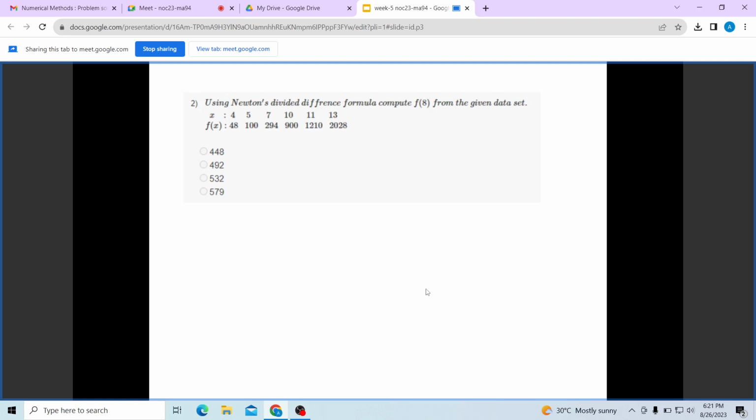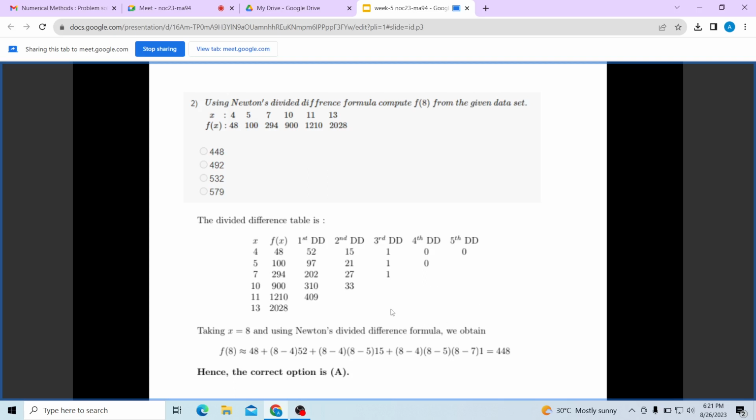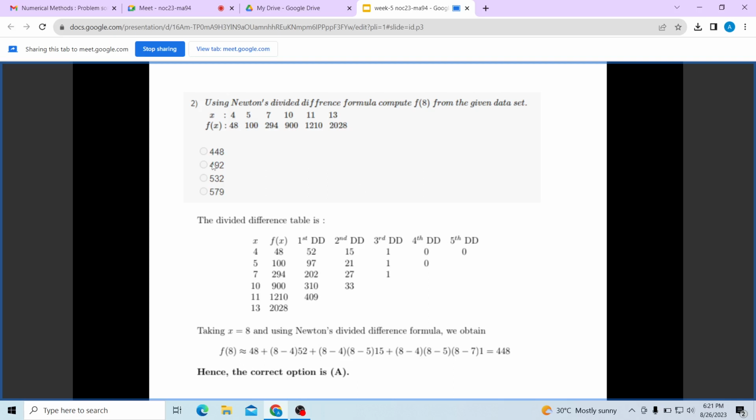So what will you get? The correct answer is option A. So you will get f of 8 is equal to 448.